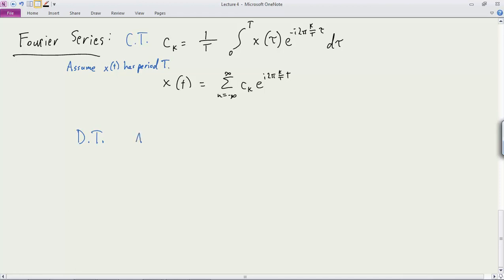In discrete time, assume x of n has period N. All right. Then the formula is very similar. Just replace that first integral with a sum over one period. Now you probably noticed that when I sum over one period, I go 0 to N minus 1, not 0 to N. If I went 0 to N, remember the value at N equals the value at 0 by the definition of being periodic.